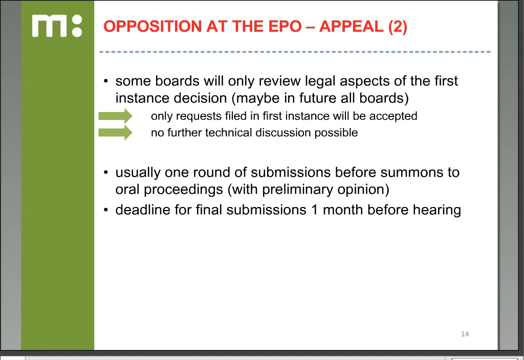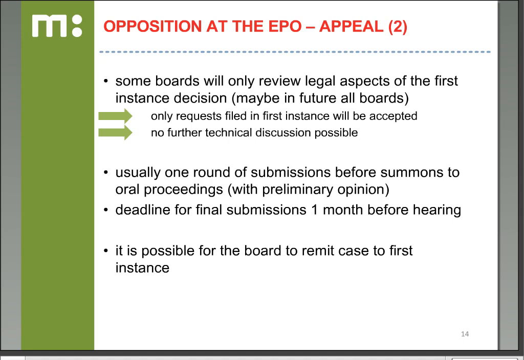And another thing which may happen is that the Board of Appeal will not decide completely about the opposition case. They can remit the case back to the opposition division. Imagine that you have a patent and you attack it for a lack of novelty with respect to document 1, and also with respect to inventiveness with respect to documents D1 and D2.